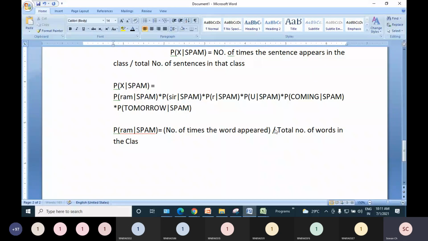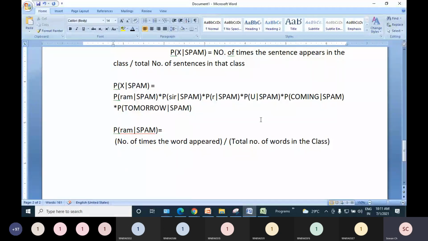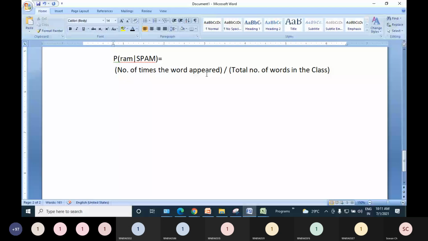Which class am I dealing with? Spam or not spam? I am dealing with the spam class. Look at the formula carefully, my dear friends. Number of times the word appeared divided by total number of words in the class.